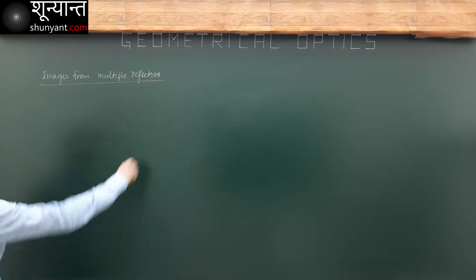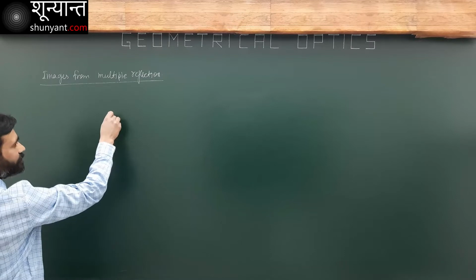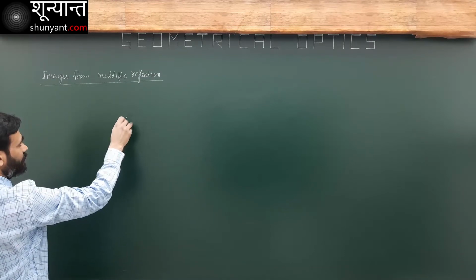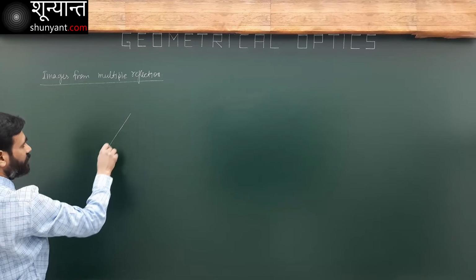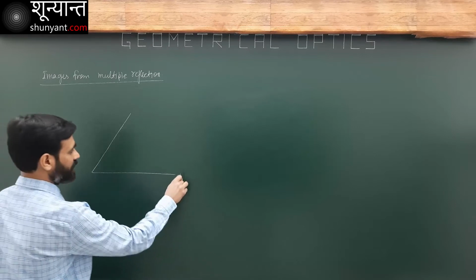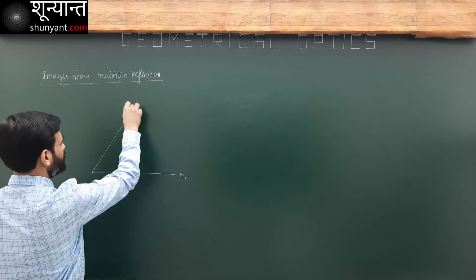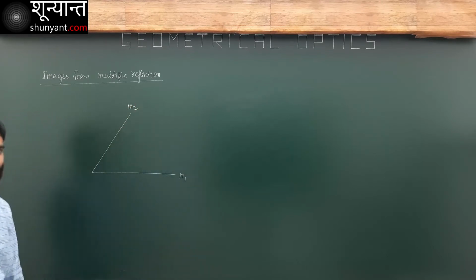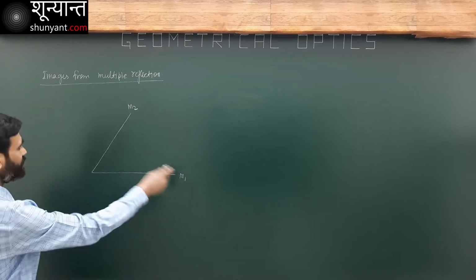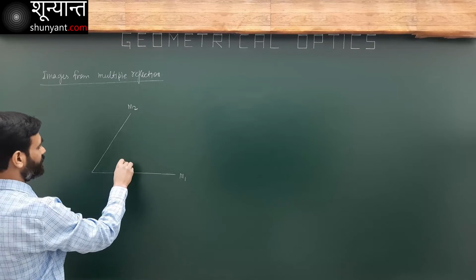Let's say that I have two mirrors like this. This is my first mirror, and this is my second mirror. This is M1, and this is M2. One object is kept here in between.